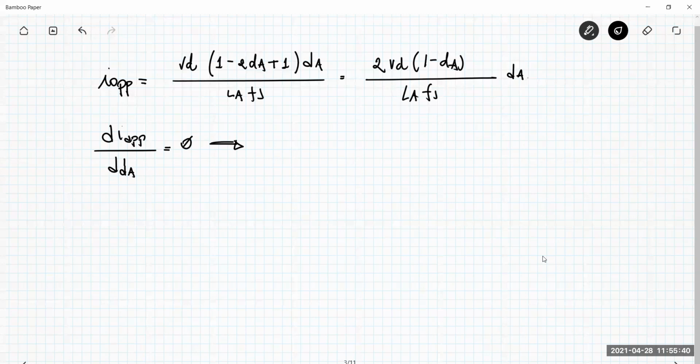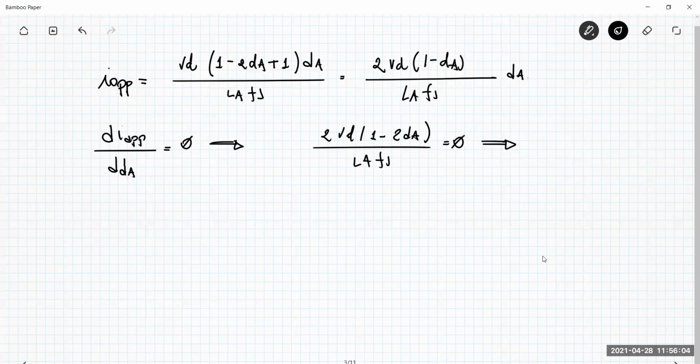You get dA minus dA squared, so this is 2Vd (1 minus 2dA) over LA Fs equal to 0.